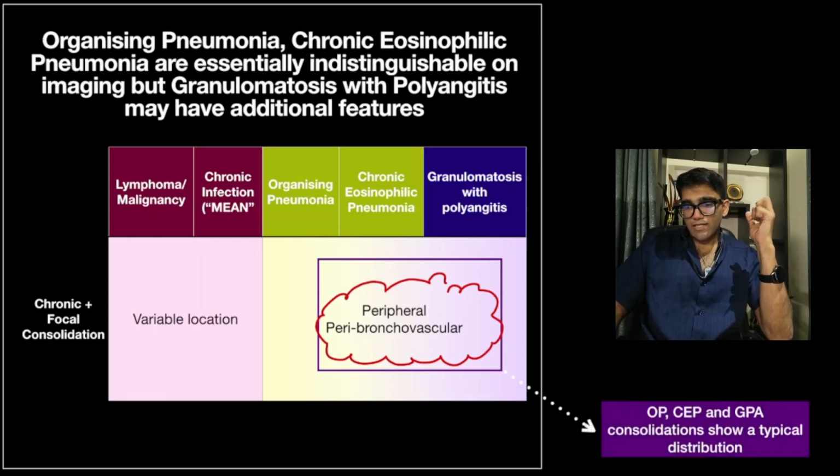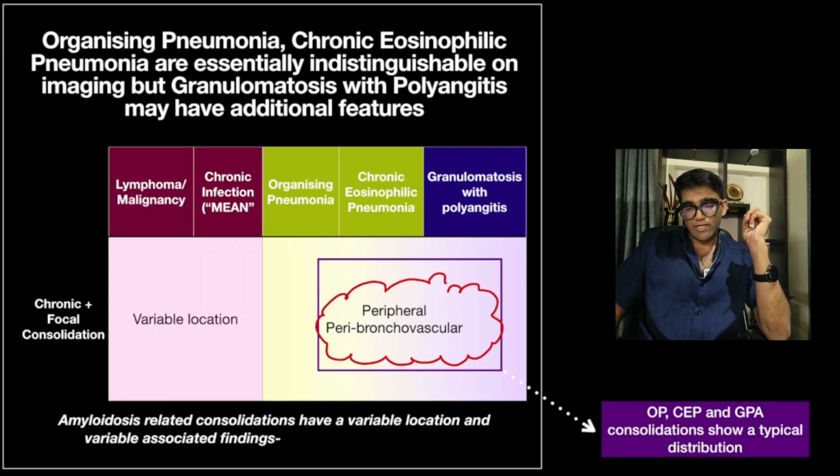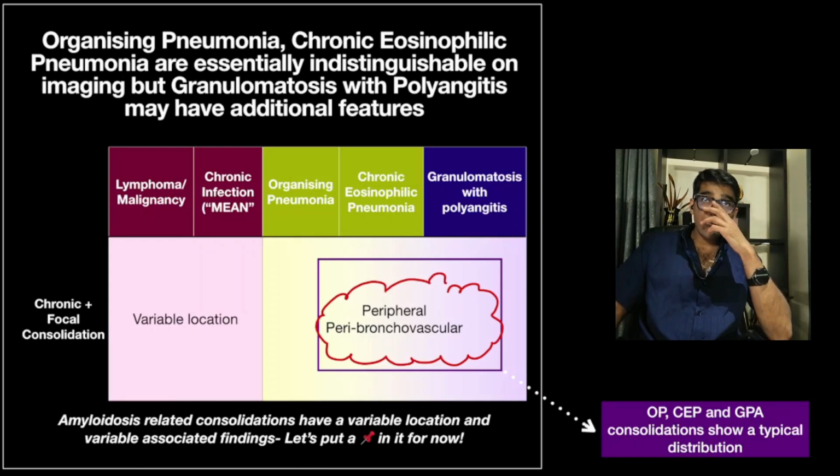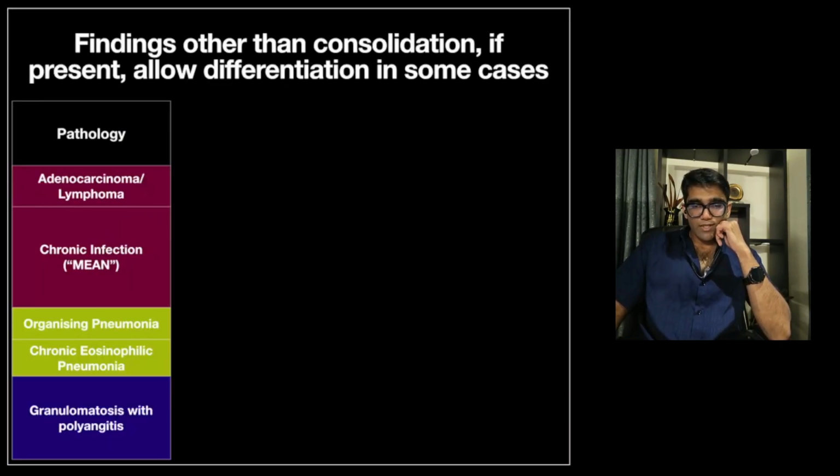That should immediately make you wary of alternative diagnosis. Okay, so amyloidosis related consolidations have a very variable distribution, and right now I'm not going to go into details of this. At the end, as we go through the talk, you'll see how that is relevant.